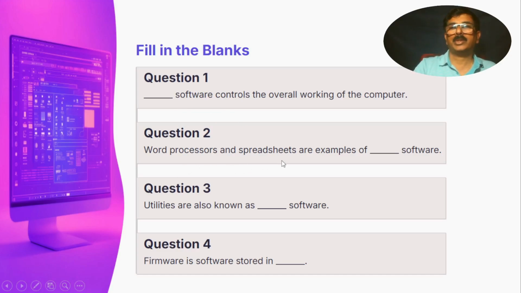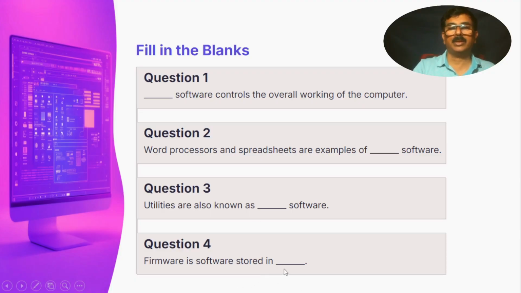Word processors and spreadsheets are examples of application software. Utilities are also known as system software, such as antivirus and defragmentation utilities.